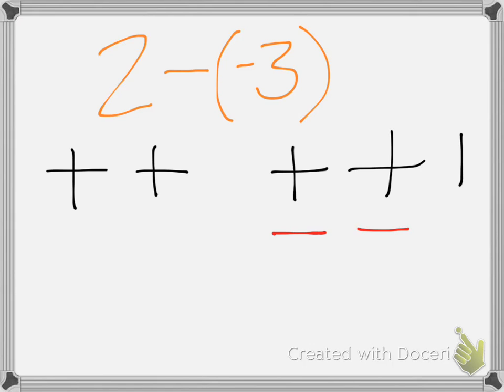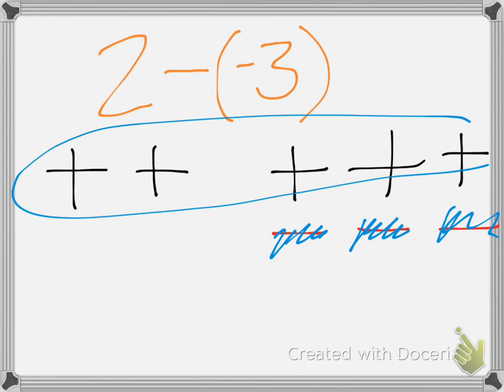I will do that again right there, and now I have 3 negative symbols that I can actually get rid of. So following my process, I've done 2, and now I'm going to subtract negative 3. Well, negative 1, negative 2, negative 3, and what I'm left over with is right there a total of 5.